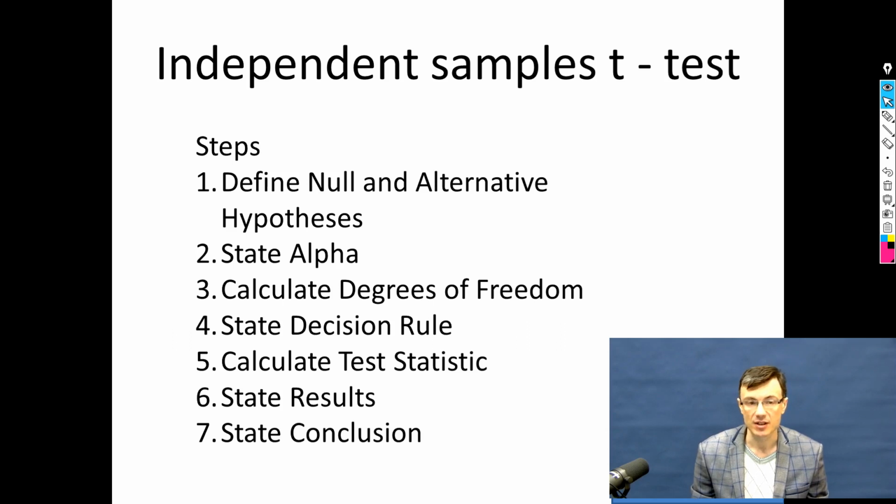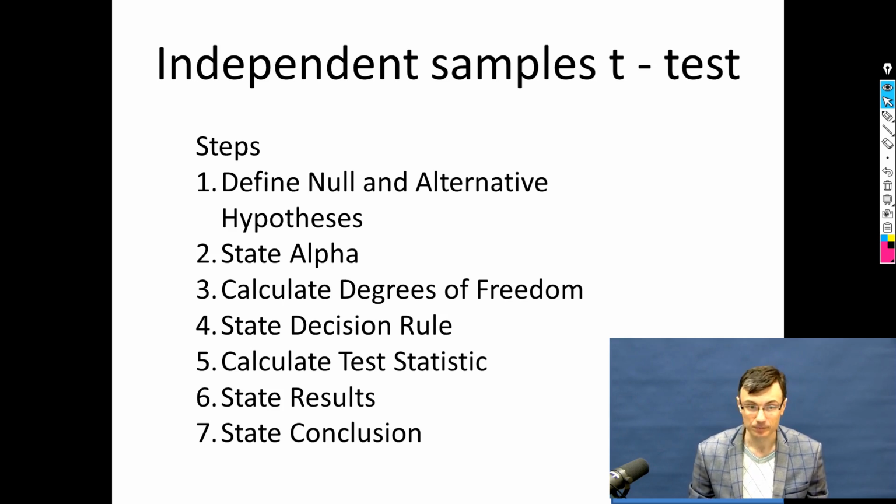Then we state alpha, the level of significance, and calculate degrees of freedom, the size of our samples minus 2 as usual. Then state the decision rule, when we reject the null hypothesis or fail to reject it. Then we calculate the test statistic, state the result, and state our conclusion.